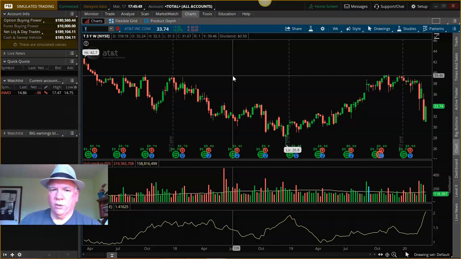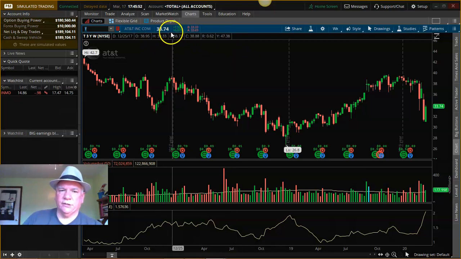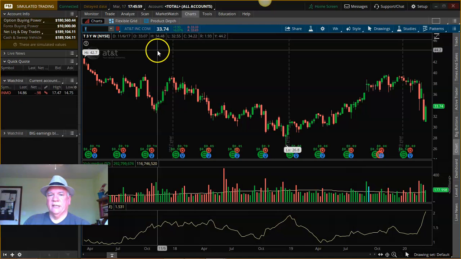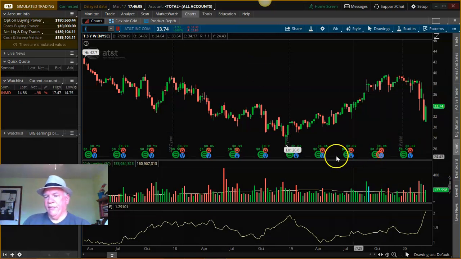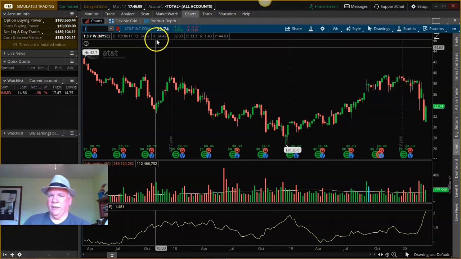And of course, the dividend yield will change as the price right there changes. If this price goes up, the yield, the percentage, will be much lower. Or if the dividend goes up, the yield will go up.